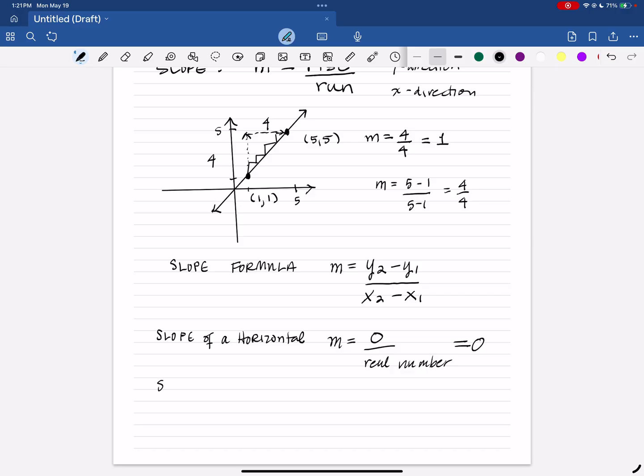And the slope of any vertical line is going to be some real number divided by 0, which is undefined. Division by 0 is undefined.